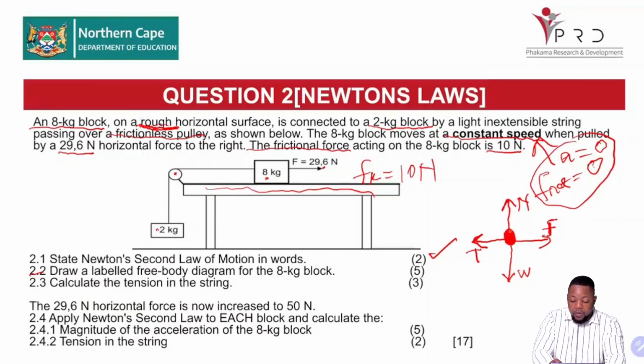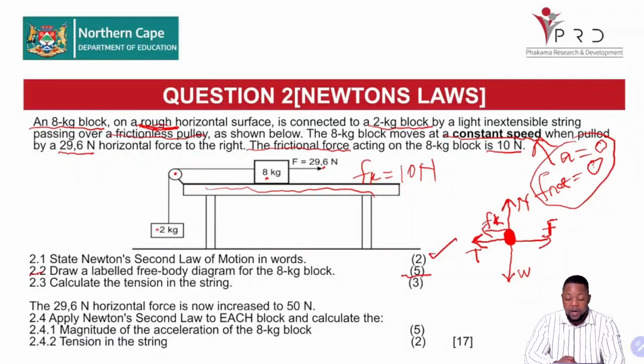And because of that statement saying rough, and we know this is moving to the right, we know that the friction, the kinetic friction, is supposed to be going to the left. How many forces do we have? 1, 2, 3, 4, 5. How many marks is it awarded? 5 marks. So 5 marks, 5 forces. Always 5 marks, 5 forces.